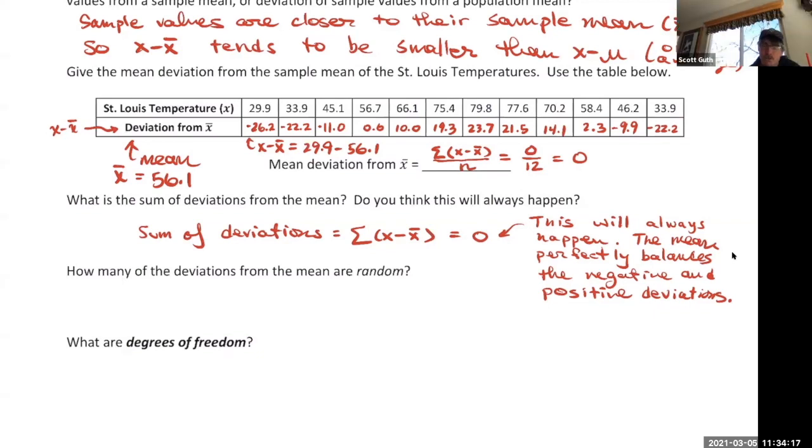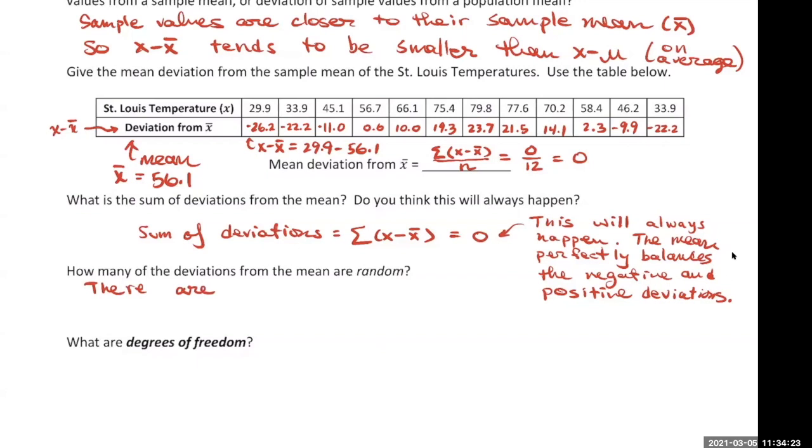Okay, so there are n deviations from the mean. If you know what numbers add up to, like I said, you know 3 numbers add up to 100. So the first one was randomly a 20. Someone just picked it. The next one was randomly a 50. Somebody just picked it. So that makes 70. But you know they add up to 100, which means the third one cannot be random.